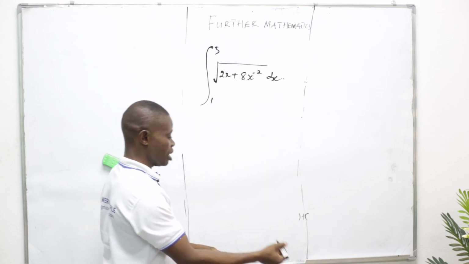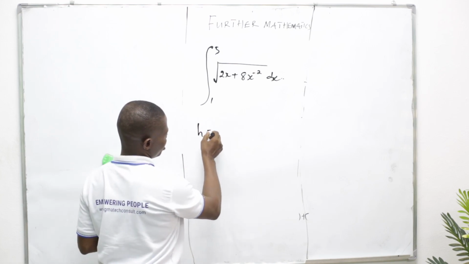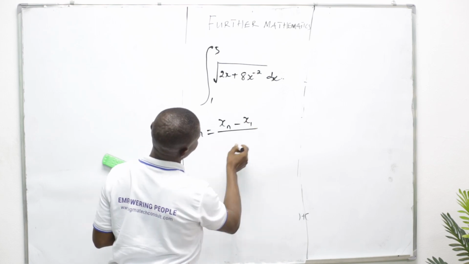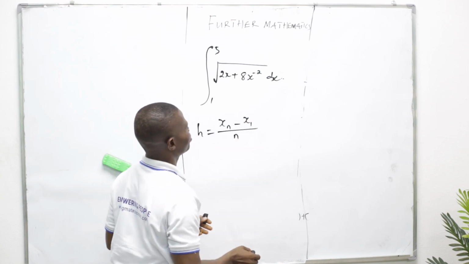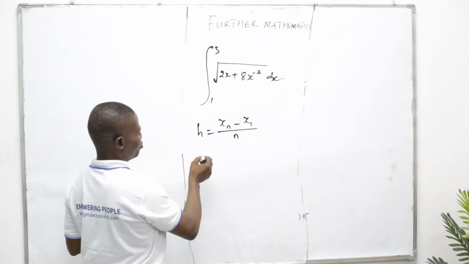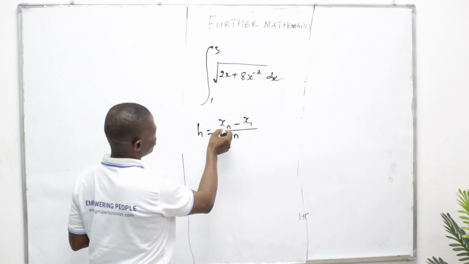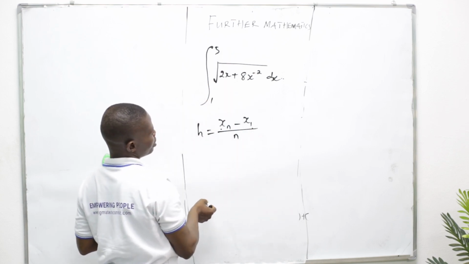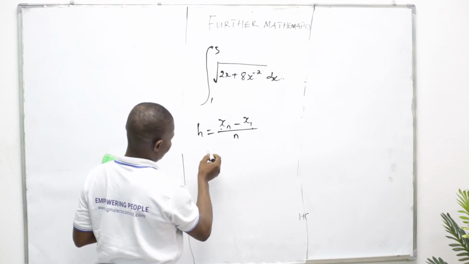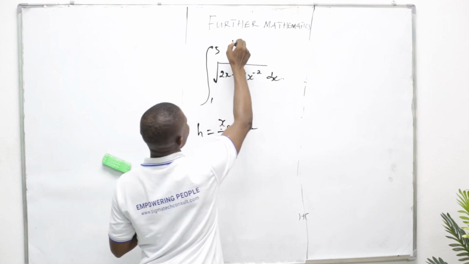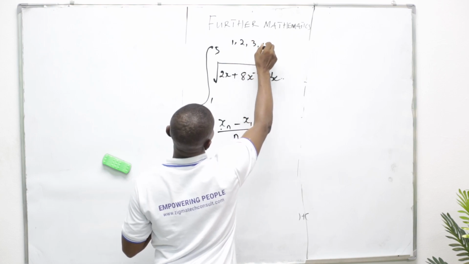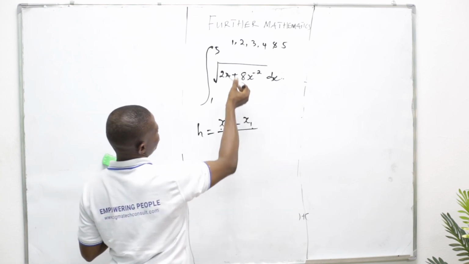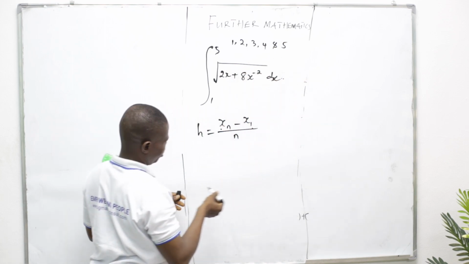First of all, my interest is to get h, where h is, like I said before, x_n minus x_1 all over n. This is the upper case, this represents the lower case, for 1, 2, 3, 4, and 5. The starting one and the ending one.